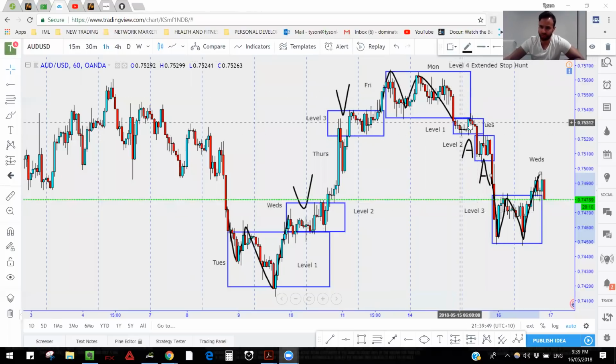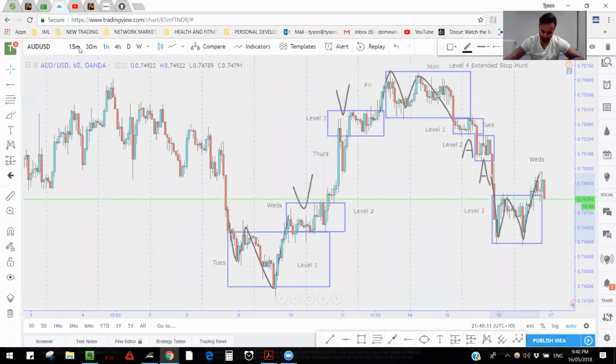So we come down, pull back, level 1, come down, pull back, new zone, level 2, and then come down, pull back into our third level zone. So once I identified this formation, then I knew I'm waiting for M or A, A or W, and I'm looking for the entry down here, and I'm going to go on the 15-minute to get my entry.